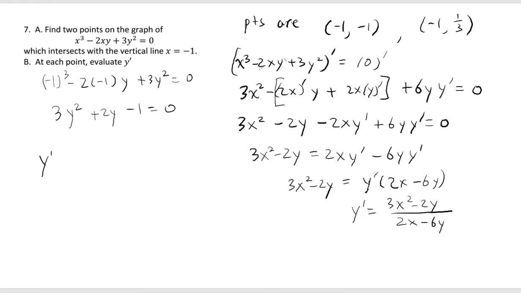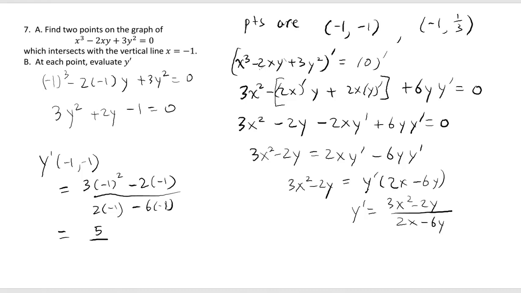Okay, so we need to evaluate y prime at -1, -1, which is 3 times -1 squared minus 2 times -1, over 2 times -1 minus 6 times -1, and that is 3 plus 2, so you get 5 on top, positive 6 minus 2, that's 4 on the bottom. So you get 5 over 4 from y prime of -1, -1.